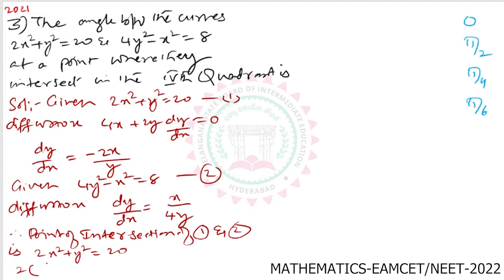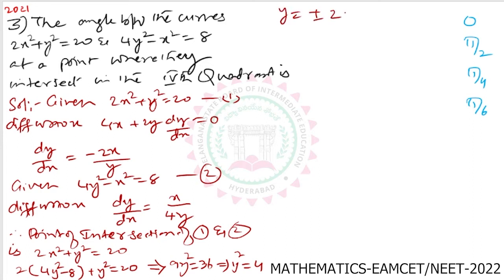Instead of x square, if I shift to that side, it will come inside and it become 4y square minus 8. Substituting this equation 2. Okay, plus y square is equal to 20. Right? If I simplify this, I am getting the value as 9y square is equal to 36, or y square is equal to 4, or y equal to plus or minus 2. Right? So I got one value.